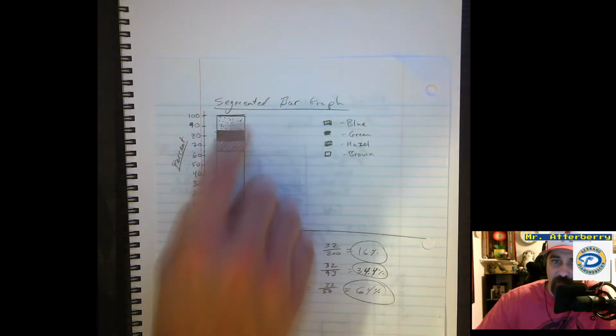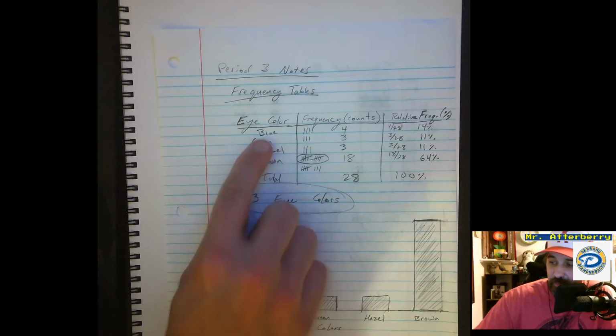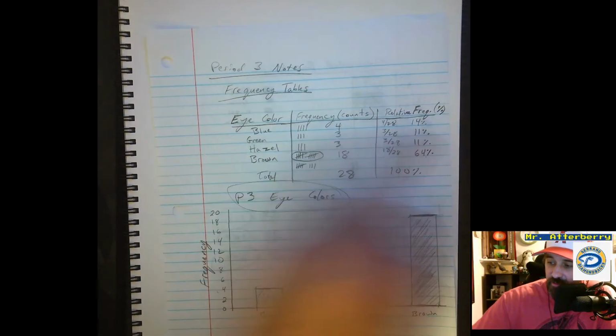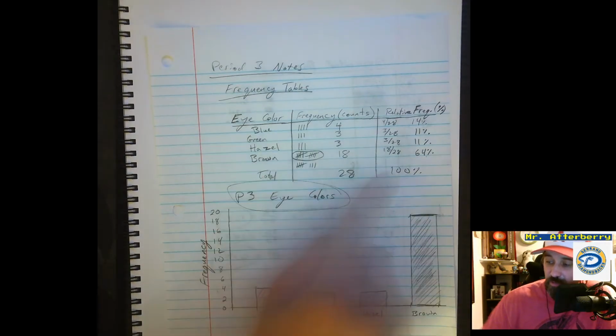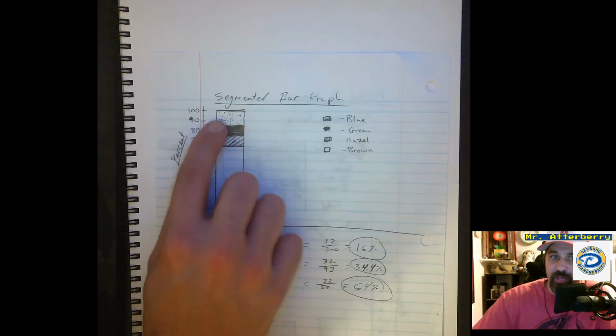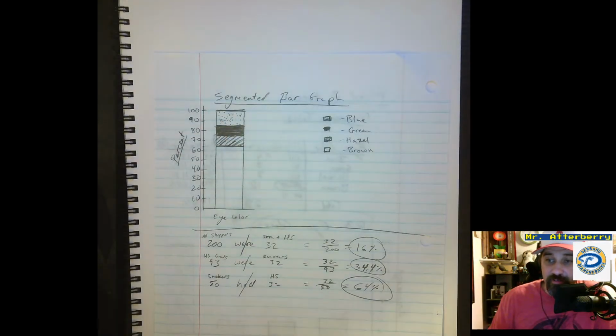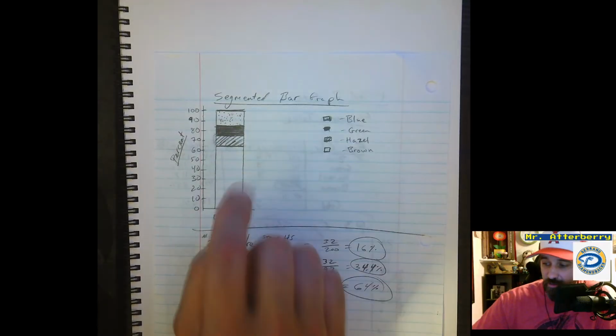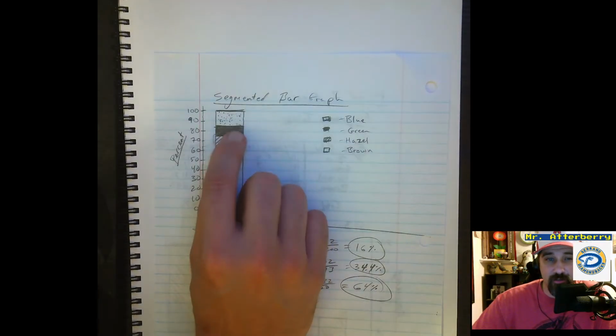I start from the top with what I have right here. Blue was 14, green and hazel were both 11, brown was 64. So I start from the top at 100, and I took away 14%. 100 minus 14% dropped us down to about 86%. Minus 11, minus 11.